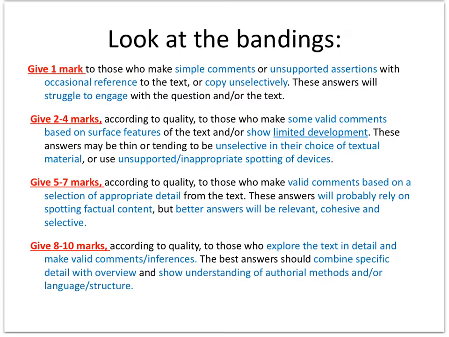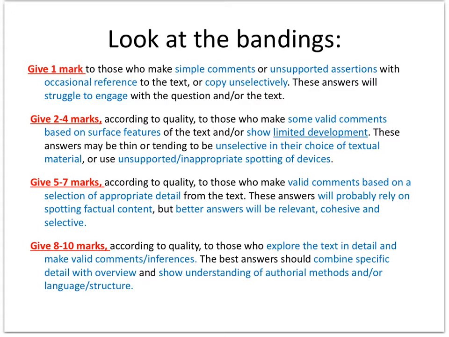And if we have a look here at the banding for this particular question, remember that 5 to 7 is your C grade, roughly. According to quality, those who make valid comments based on the selection of appropriate detail from the text, these answers will probably rely on spotting factual content, but better answers, so moving into B grade, will be relevant, cohesive and selective.